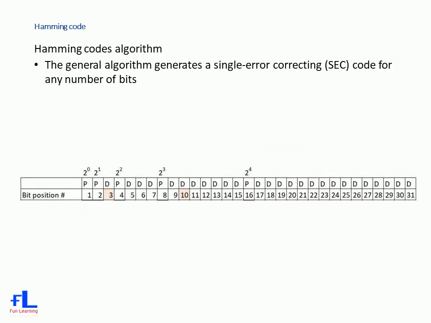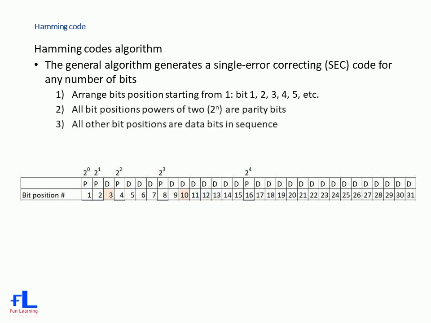The general Hamming algorithm generates a single error correcting code for any number of bits. First, arrange bit positions starting from 1: bit 1, 2, 3, 4, etc. Second, all bit positions that are powers of 2 are parity bits.